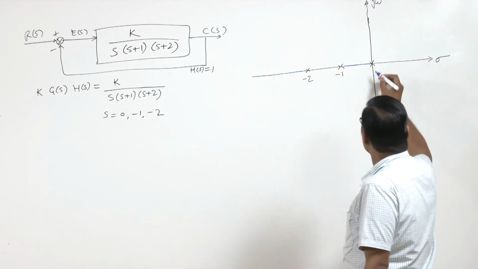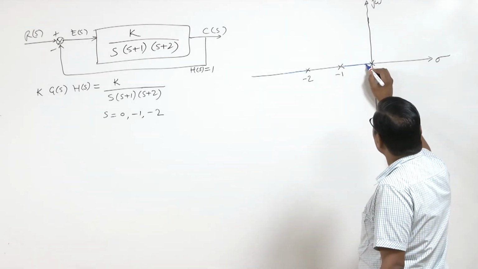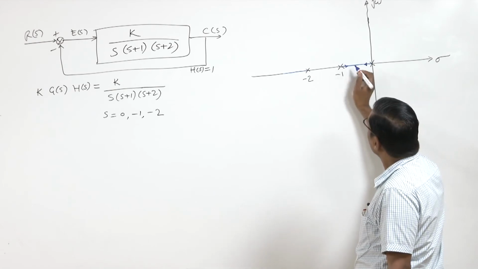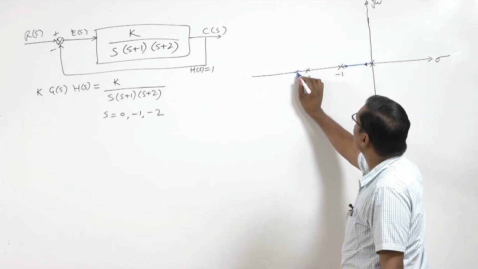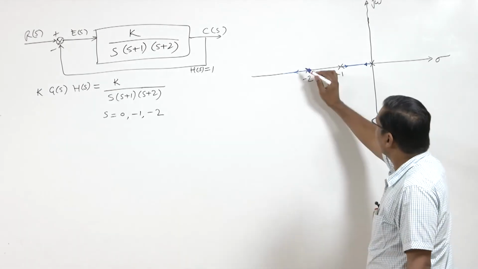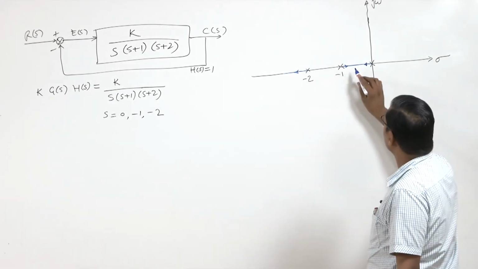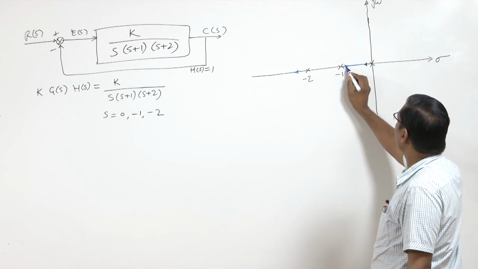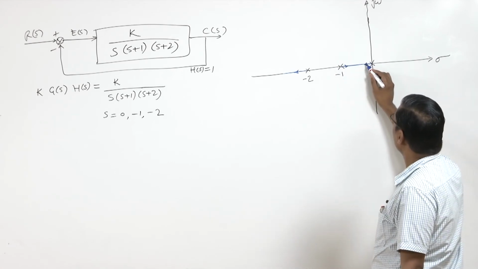So it means that the root locus is starting here, and they are starting and going to this side, because the root locus is going to start at these 3 points. Starting, it can't go this side, so it will come to this side.